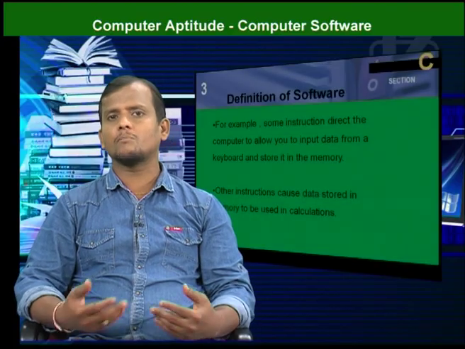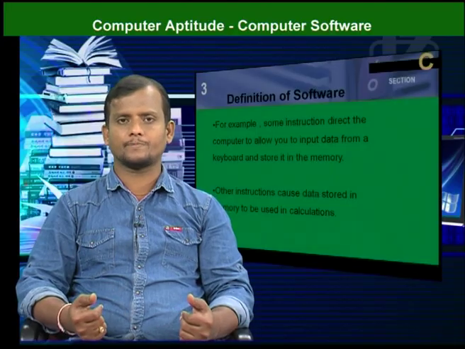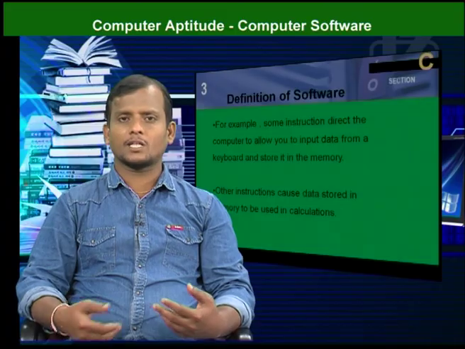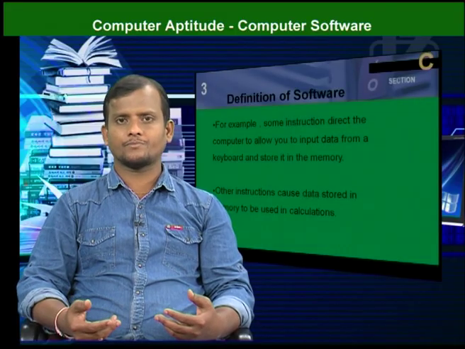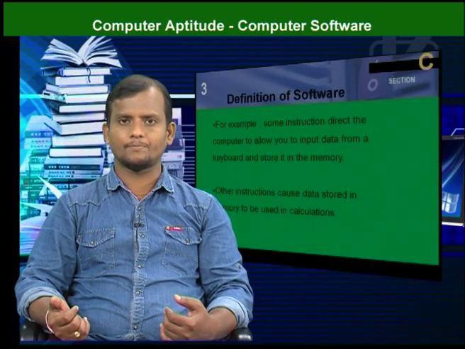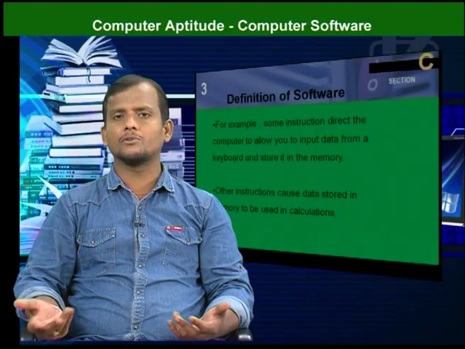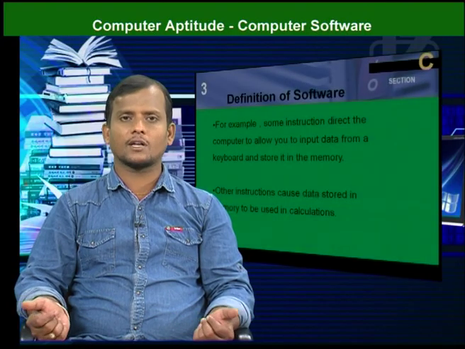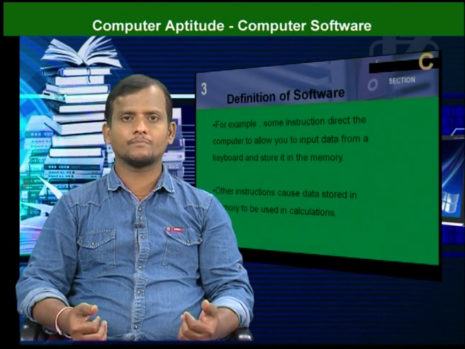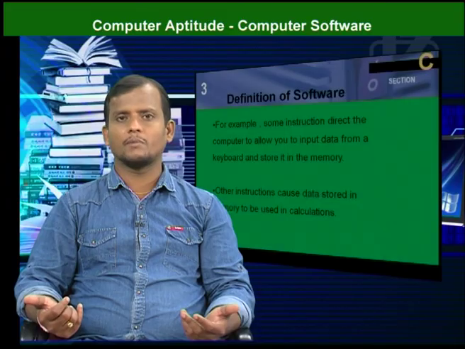You are giving input to a computer. What you type through the keyboard will be stored in memory. Later it may be used for calculation purposes if you want to do some calculations. So you are typing input and that is stored in memory.